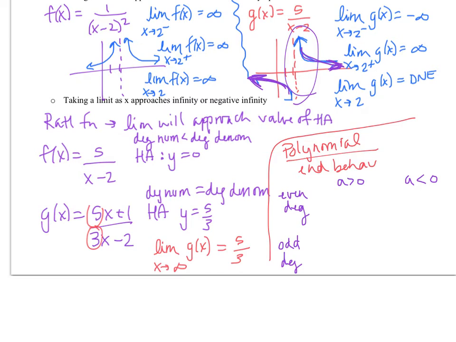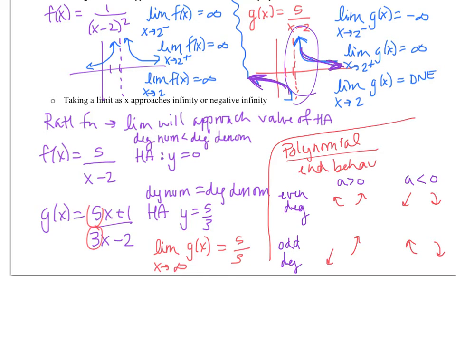When it's an even degree, my graph goes the same direction on both ends. So if a is positive, it's up, up. If a is negative, it's down, down. If I have an odd degree, my graph does the splits. So if a is positive, it goes up to the right and down to the left. And if a is negative, it goes down to the right and up to the left.